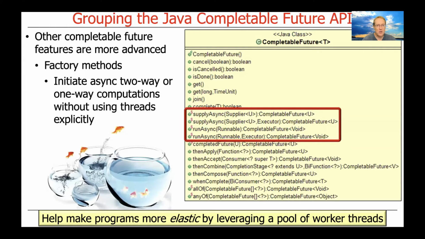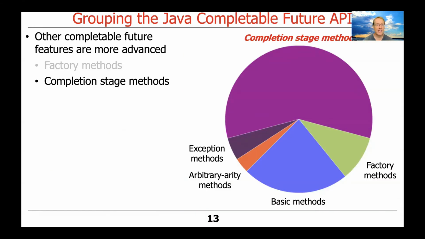This is useful because it helps to make programs more elastic, thinking back to those principles of reactive programming, by leveraging a pool of worker threads. You don't have to do this stuff. You can just start something up asynchronously, and under the hood, it's managed elastically by the underlying thread pool that you chose. Again, 4 out of 60-plus methods are factory methods.